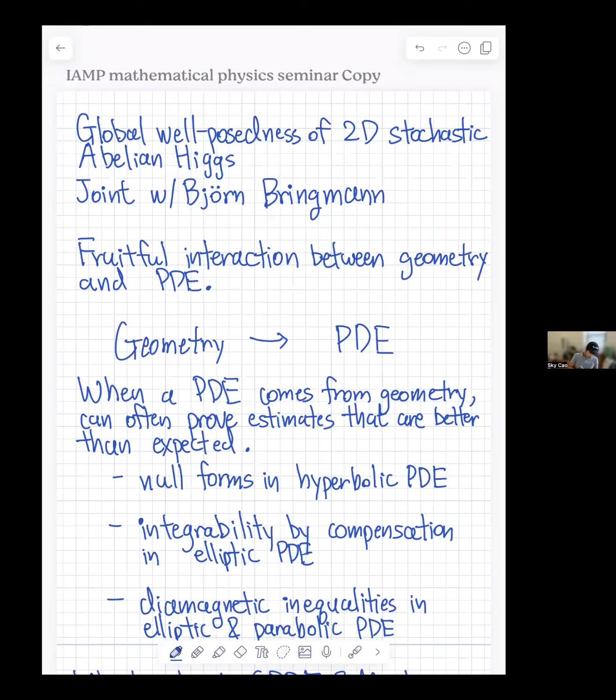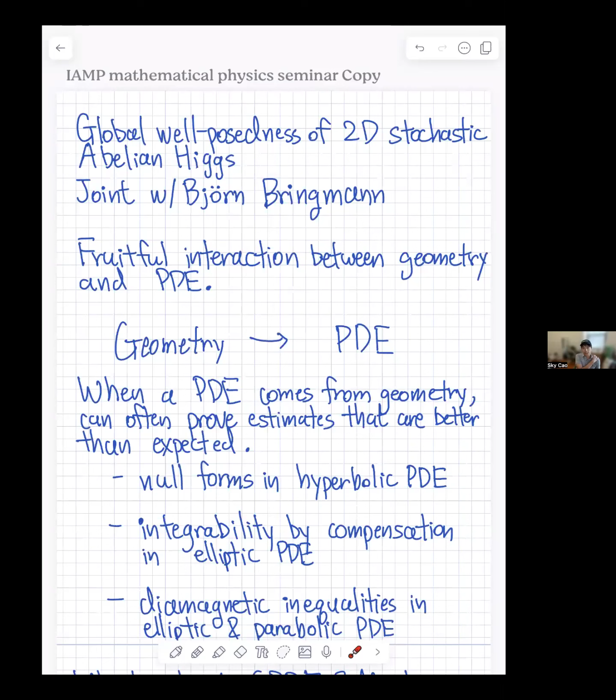The example that comes to my mind directly, even though I'm not an expert in this, are these so-called null form estimates in hyperbolic PDE. In this setting, what you have is basically a nonlinear wave equation, and you want to estimate your nonlinearity. These null forms basically say that if your nonlinearity is of a very special structure, called exhibiting a null structure, then you actually have estimates which are better than what you expect in the most general setting.